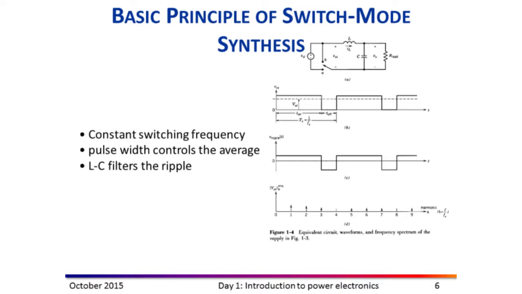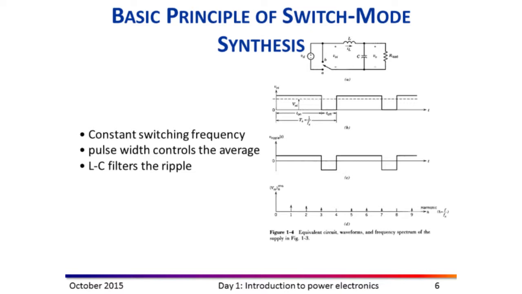For example, if this one dropped to 9 volts, it doesn't mean that you cannot get 5. You still get 5 by just increasing a little bit the on time, and decreasing the off time, and you will still get the average of 5.